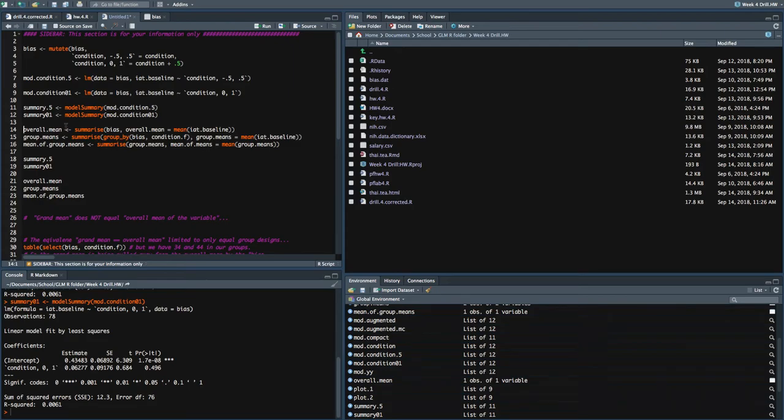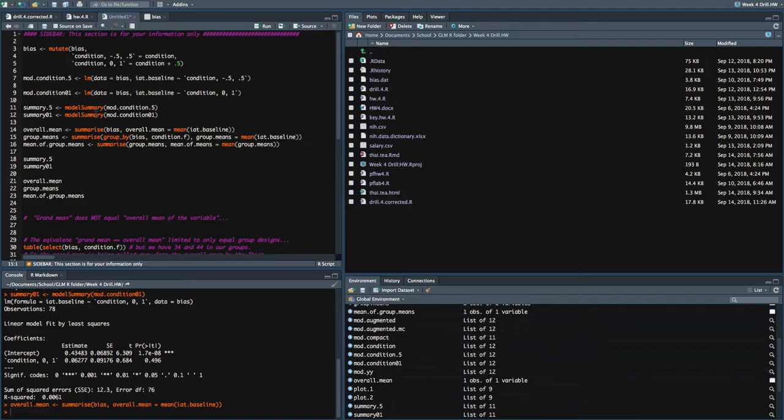And then I'm going to calculate some means here. So first I'm going to get the overall mean just by taking from the bias data frame, the mean of that IAT baseline. For the group means, I'm going to get the means of each condition group. So I group the bias data by condition.